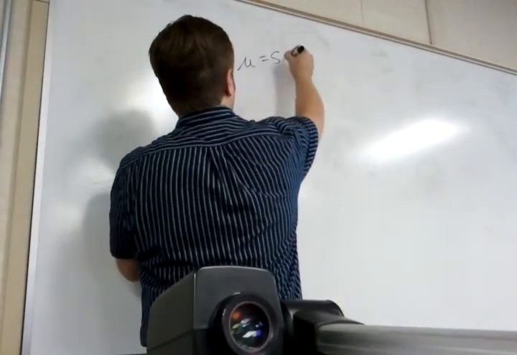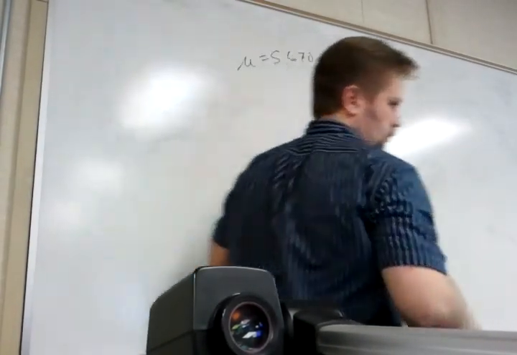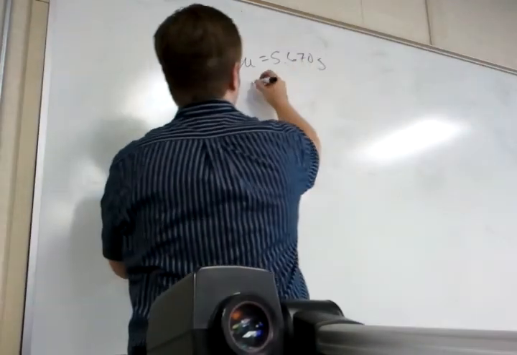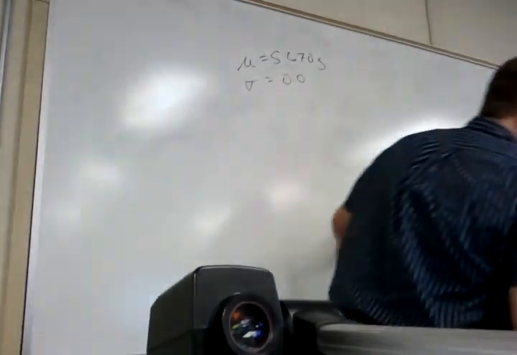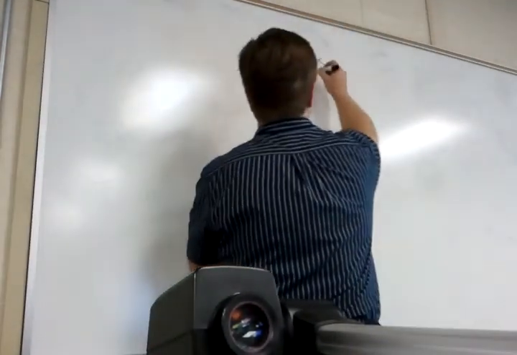Okay. So this one says, quarters have weights that are normally distributed with a mean of 5.67 grams and a standard deviation of 0.062.